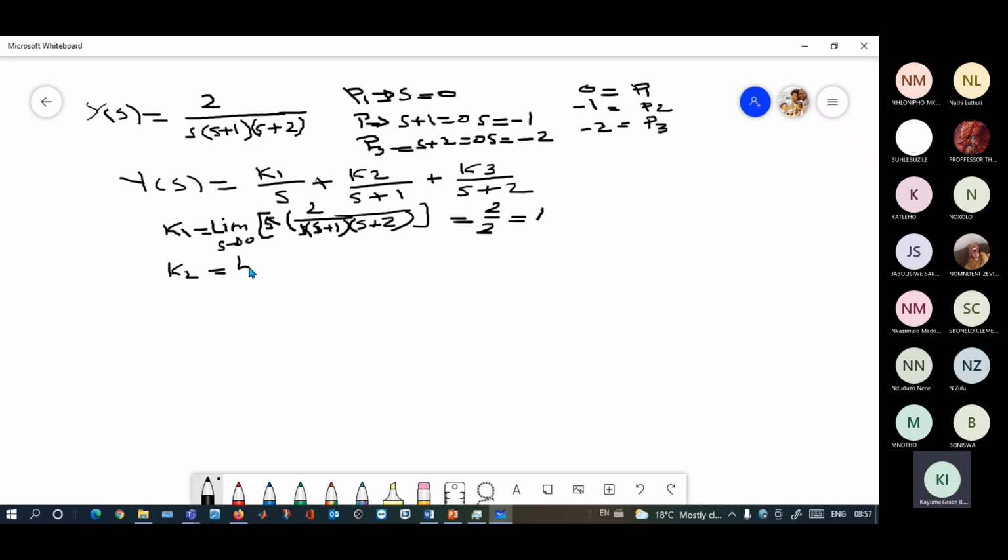Okay, now let's go for K2. So K2 is going to be the limit of s approaching minus 1. Then we open the brackets. We know the factor, which was s plus 1.